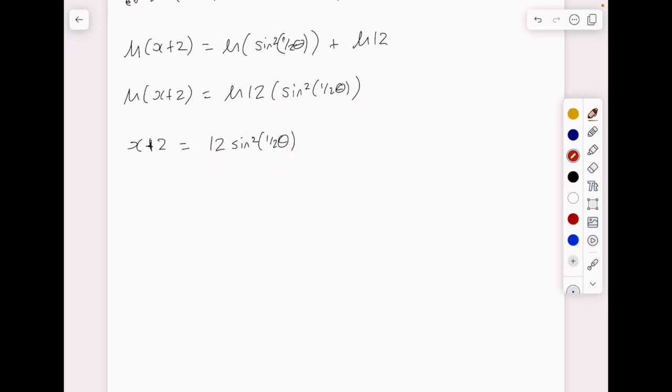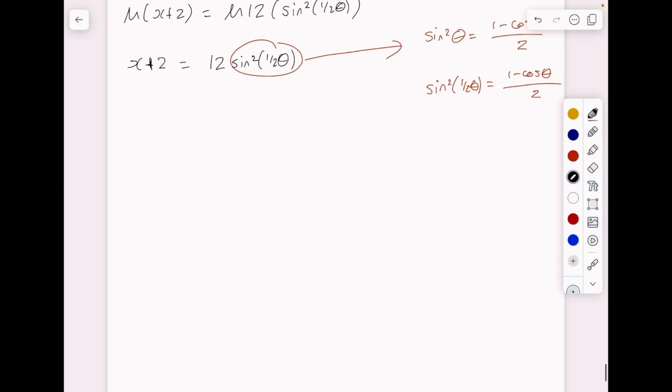Well, if we go back to our formula sheet, we'll know that firstly sine squared theta is equal to 1 minus cos 2 theta over 2. Therefore, what we can say from that logic is that sine squared of a half theta must equal 1 minus cos theta over 2.